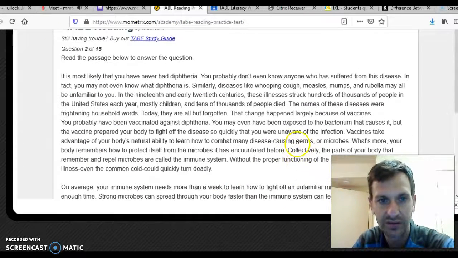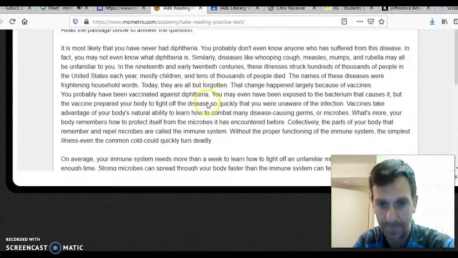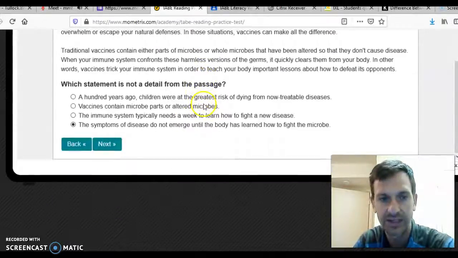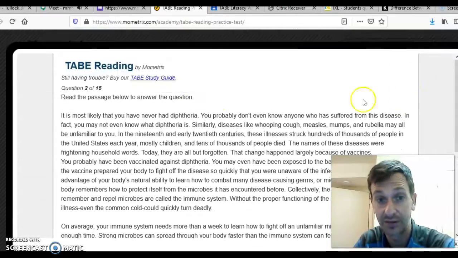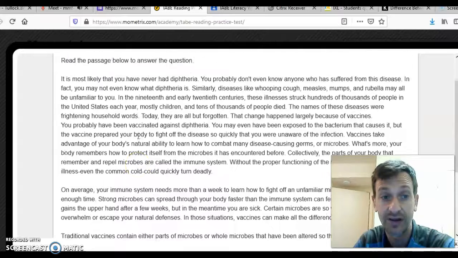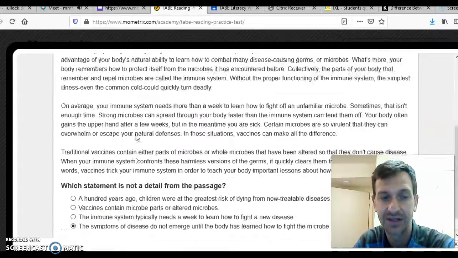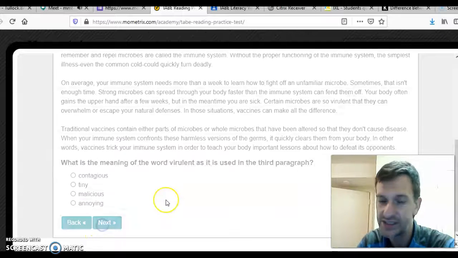Alright, so for all intents and purposes, like we talked about, you're not going to be able to skim and scan this particular question because you need to read and figure out which one is not in the passage. So let's go ahead and skip this because this is not possible.